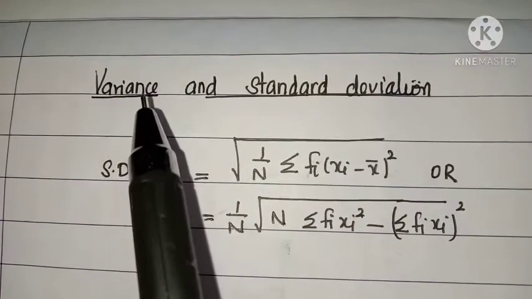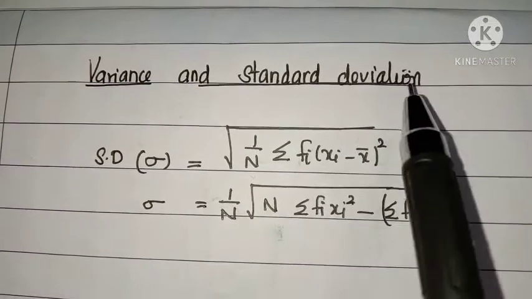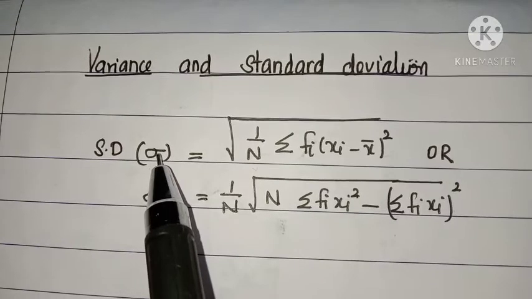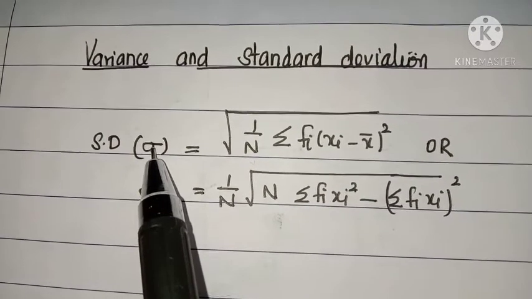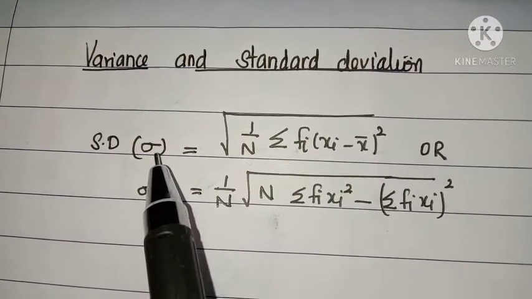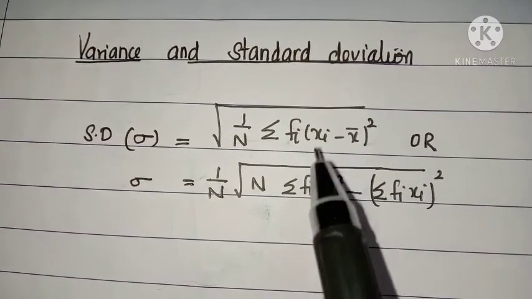Next topic is variance and standard deviation. Standard deviation is denoted by the symbol sigma. It is small sigma, not capital sigma. So standard deviation sigma is equal to, there are two formulae.